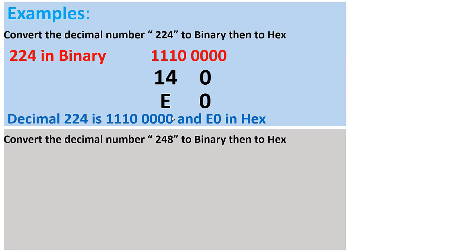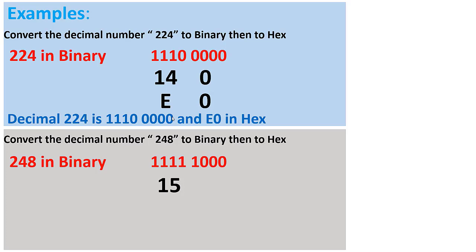Another example, if we want to convert the decimal number 248 to binary, then to hex. The 248 in binary, we write it like this. It's an octet which consists of 8 binary bits, but in hex, we split this octet into 2, 4 bits each.